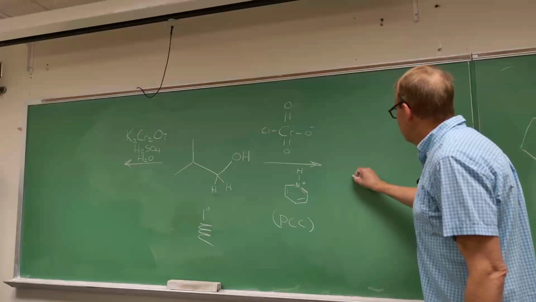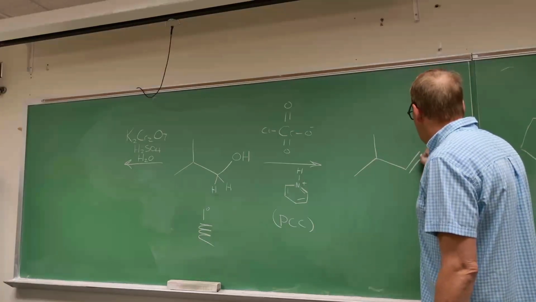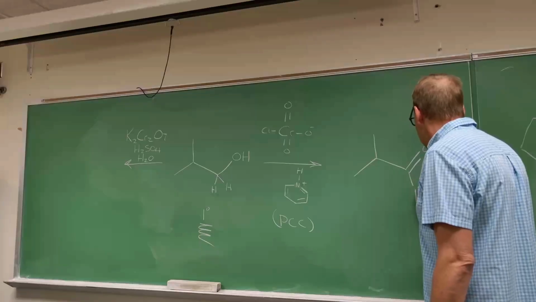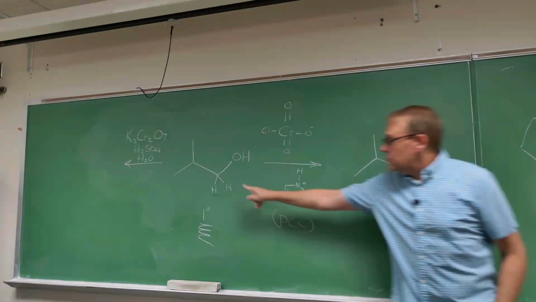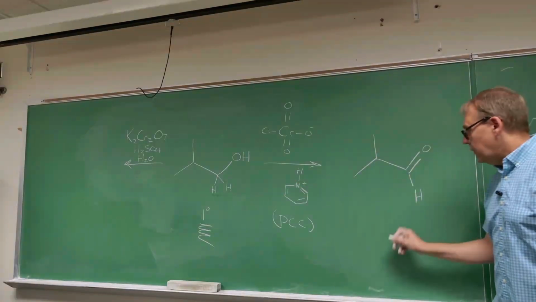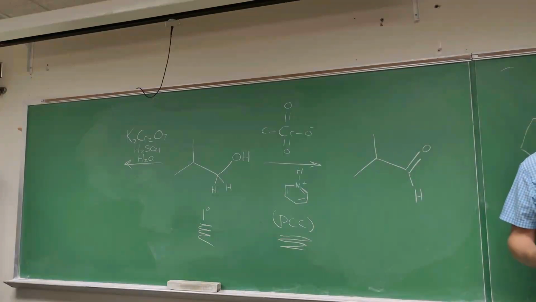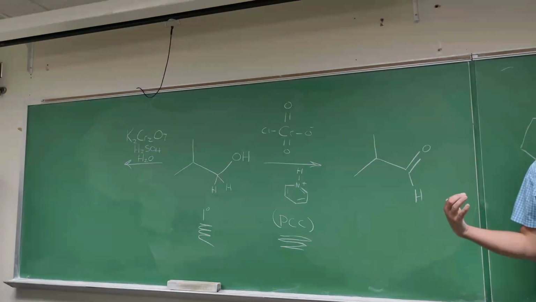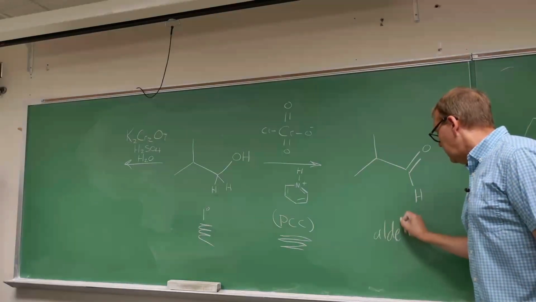So the product of this reaction would be that the oxidizing agent stops at one oxidation, it removes one of the two H's and the H on the O, and you get an aldehyde. And that's the big reason people use PCC a lot of the time. It's one of the few reagents that can do this selectively. Aldehyde.